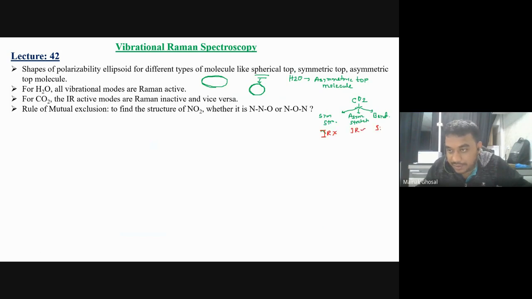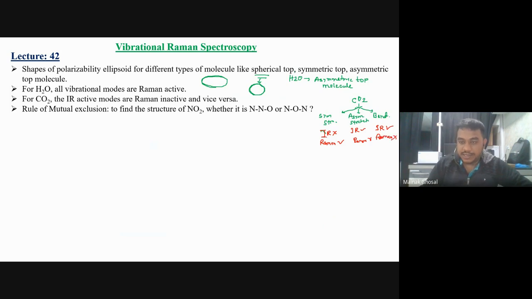Whenever there is symmetric stretching, the two CO bonds stretch by an equal amount and cancel each other. In the lecture, how alpha changes with Q was discussed, and it was shown that the symmetric stretching mode will show Raman activity, but these two modes will not show Raman activity.